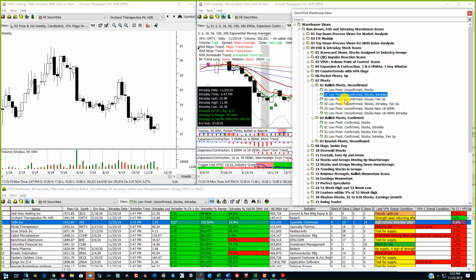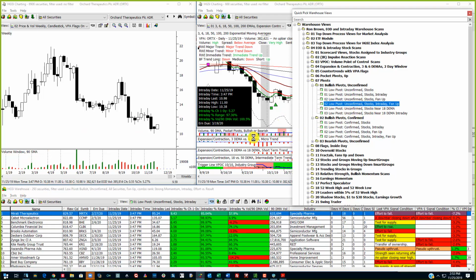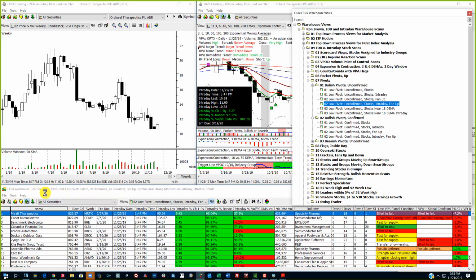I'm going to limit my stocks to low pivots with the fan up. So I'm going to click on this. We're going from 668 securities to 293 on the intraday. So it cuts the number of stocks in half right there. And what do I know?